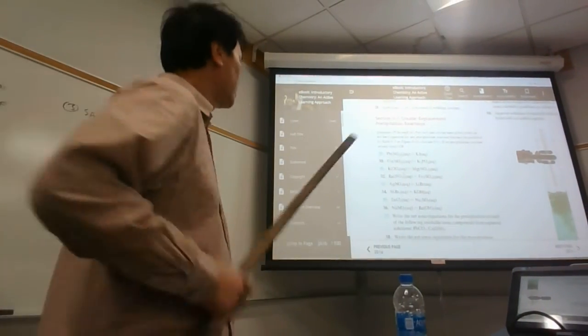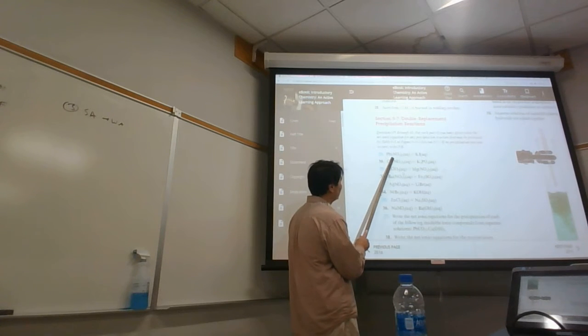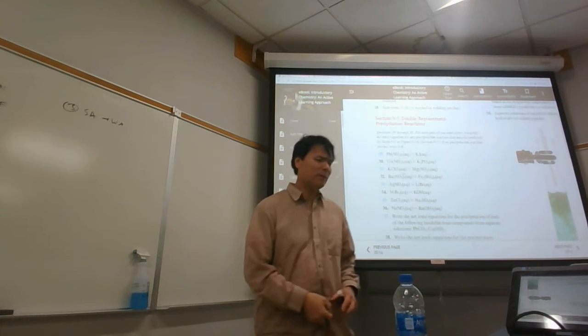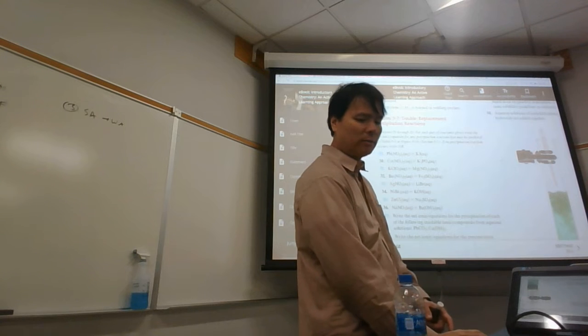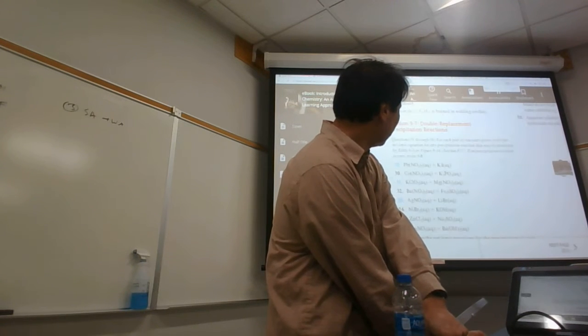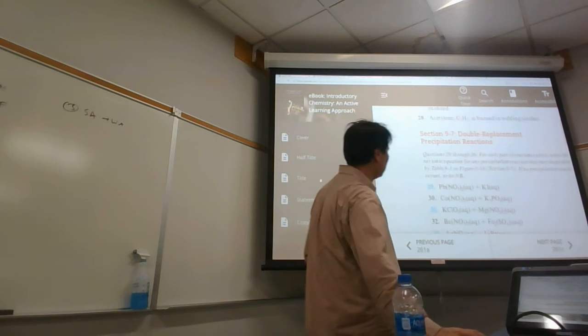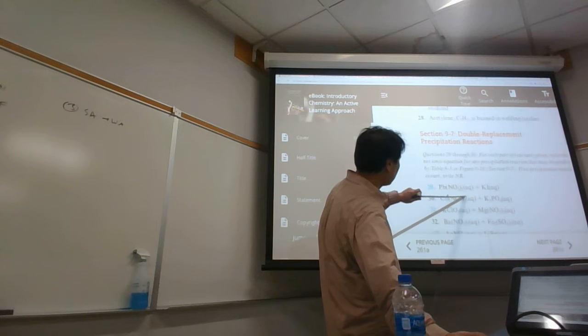So I'm not going to write them down, but I'll just name them. What's the name of this? Yeah, lead nitrate, except the problem is there are two lead ions that are common. That would be lead 2 nitrate plus potassium iodide.